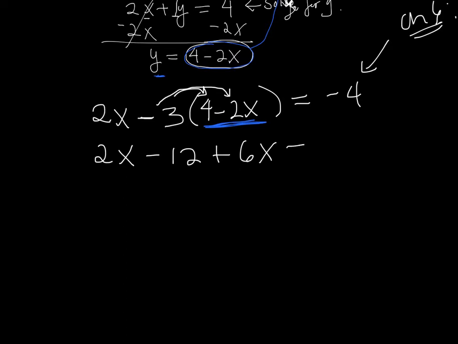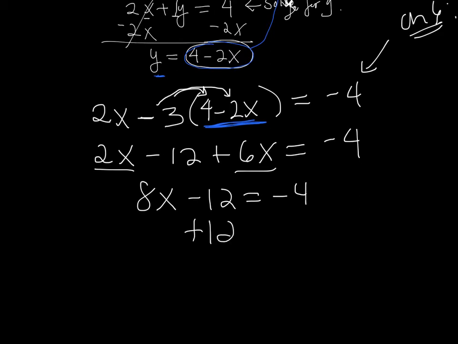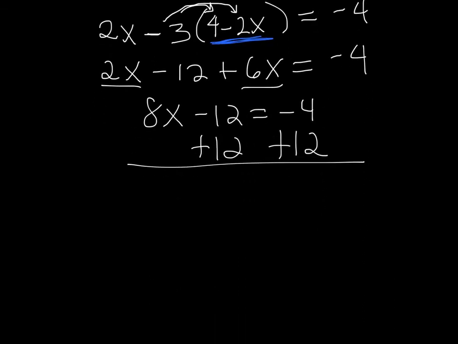Okay, so if we continue solving this equation, okay, so we've removed the parentheses, so can we combine like terms? We can. We get 8x minus 12 equals -4, right? We're isolating x, and I get 8x, right, equals, right, 12 minus 4 is 8.